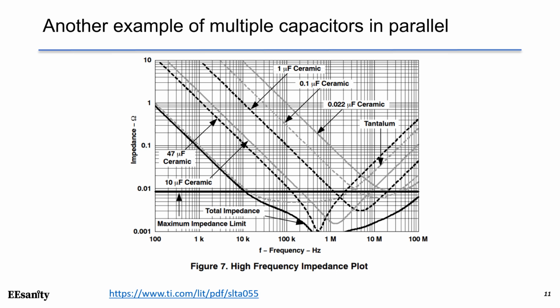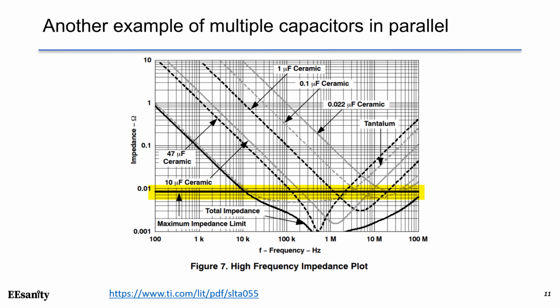This is a particular example for a DC-to-DC converter, for example, a buck converter. When the frequency is below 10 kHz, the output impedance of this buck converter is majorly controlled by the closed loop, so the output impedance of the buck converter remains below 0.01 ohm. Again, this curve is the maximum impedance limit.